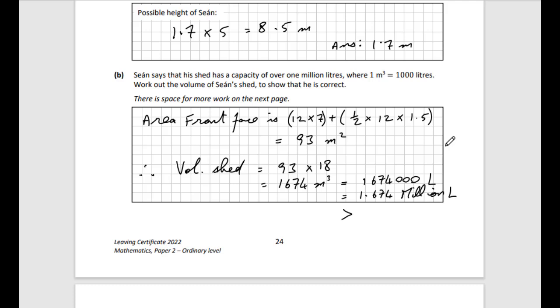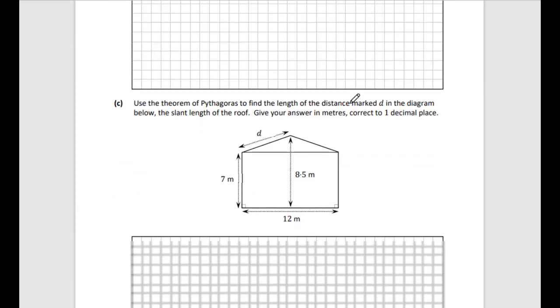And that's greater than 1 million litres, which is what Sean was claiming, that his shed's volume was greater than 1 million litres, which it is. Okay, so let's move on to the next one.